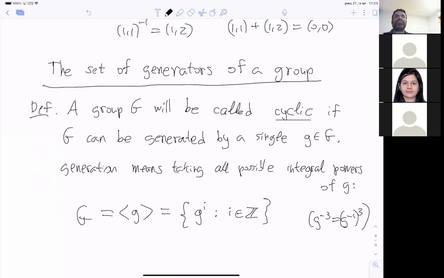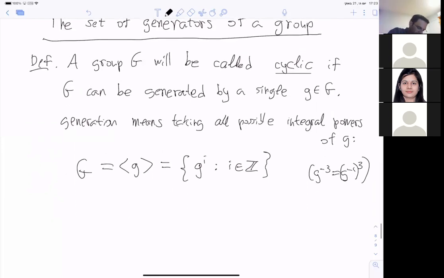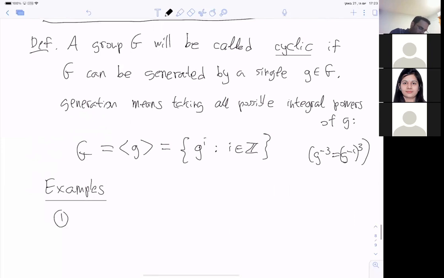So let us see examples. The group Z, infinitely many integers, with plus, is cyclic. You can take one element and by taking its powers, you can cover the whole group. What can be a generator of this group?